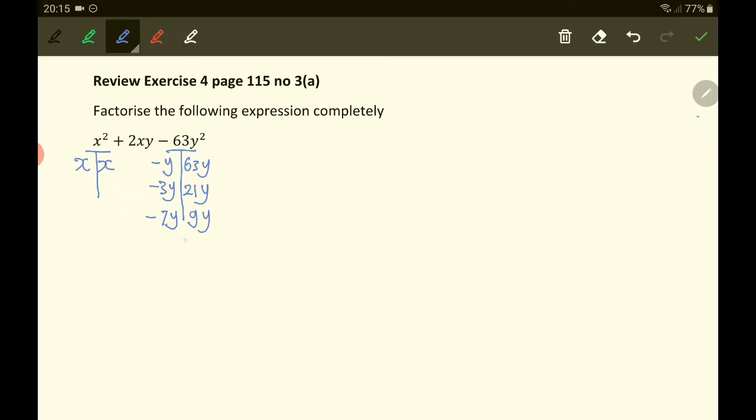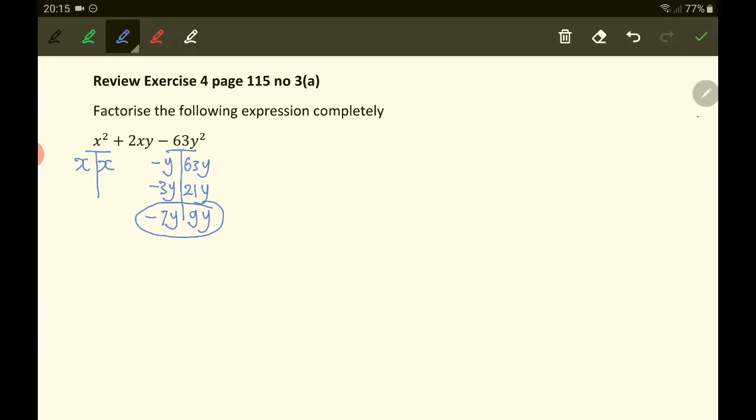So these are three possible pairs of values that give the product of minus 63y squared. It's also possible to switch the minus to the 63y instead of the y, so you have more combinations. I will try to use this one, minus 7y times 9y.